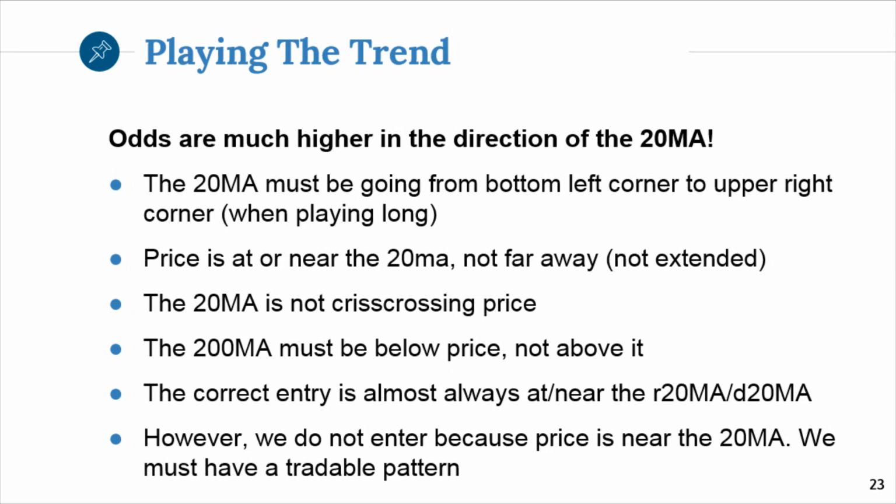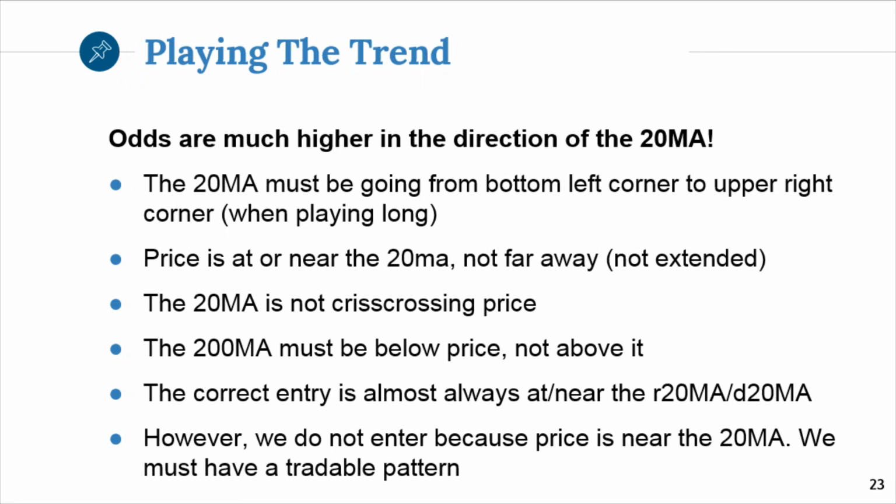The 20 MA must be below price, not above it, when you're playing long. Even if it's a rising 20, you want it to be below price or right at it, but not above price. The 20 MA is not crisscrossing price, it's not going through it.